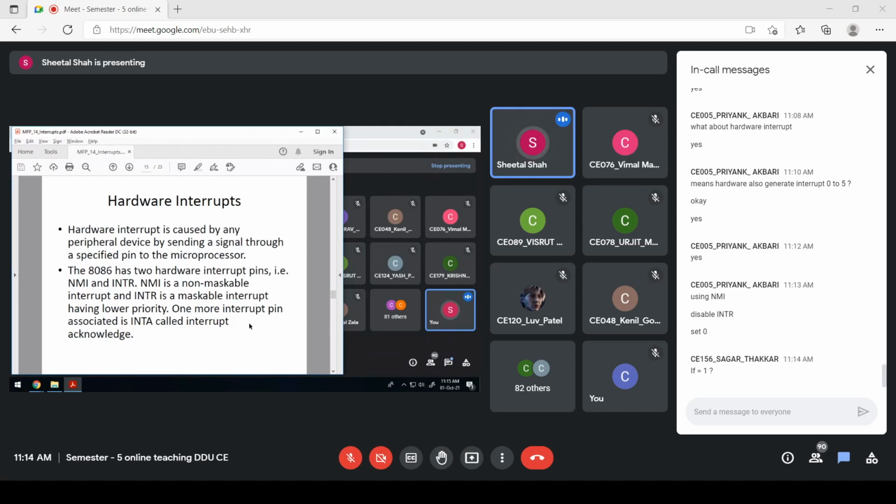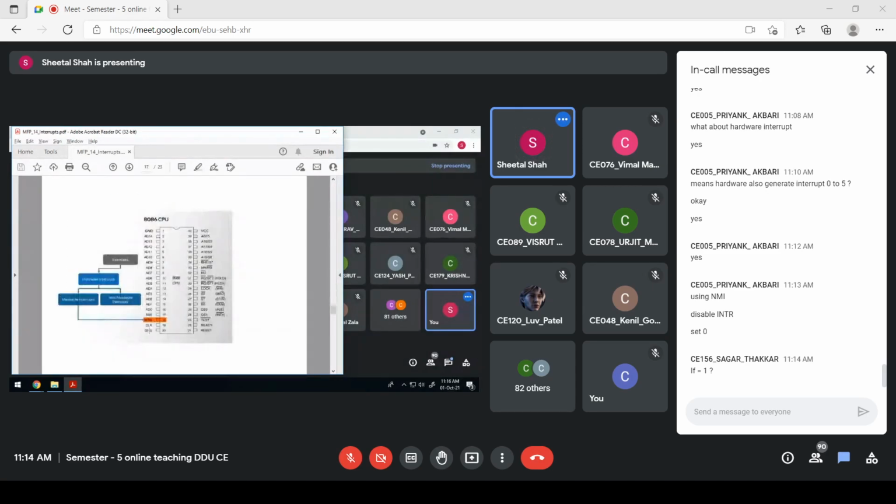One more interrupt pin is INTA, called interrupt acknowledgement. If you observe here, say an interrupt request has been made by some device. In response, if the processor has received that request, it has to acknowledge that it has received the interrupt request.